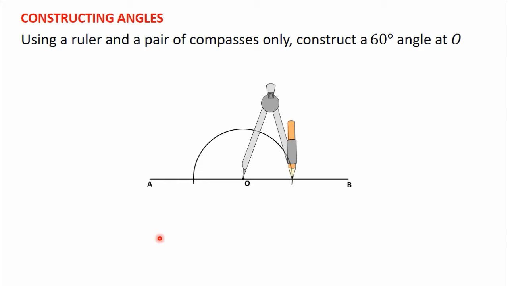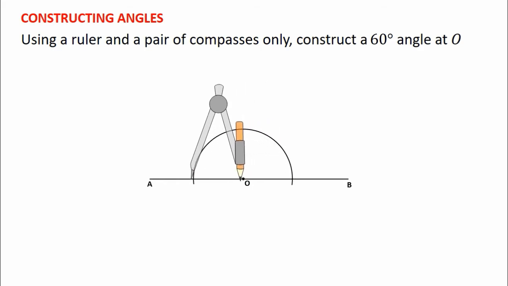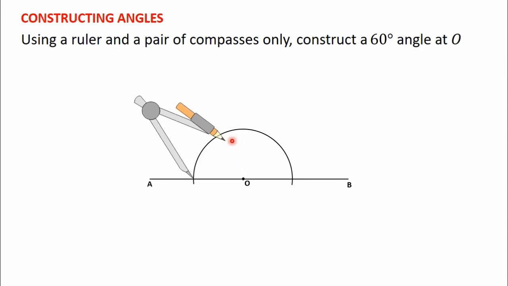So using the same radius you used to draw the semicircle, you take the needle of the compass from point O, then you put it on this point, which is the first point of intersection between the line AB and the semicircle. Then you turn the compass and you construct an arc to intersect the semicircle.